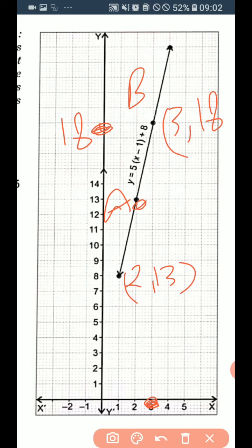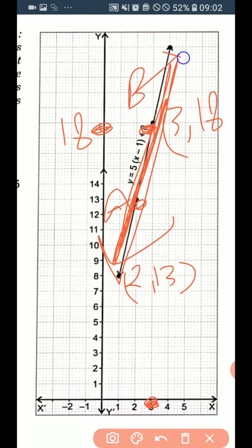Now you will join these 2 points by the help of a scale, and you will get the required line. This line must be straight. Right? This is the graph of the equation y equal to 3 plus 5x.